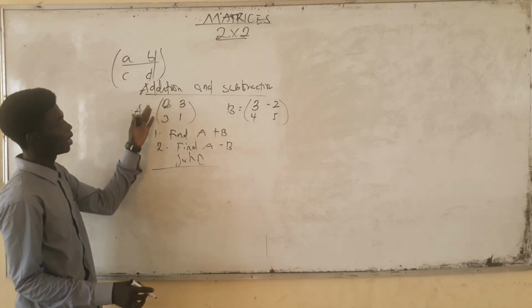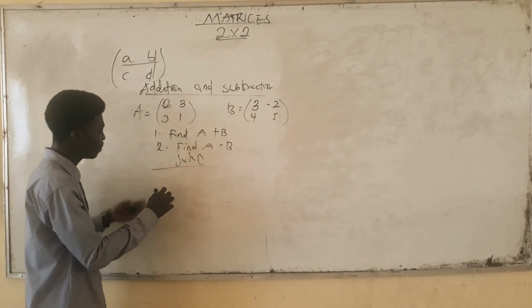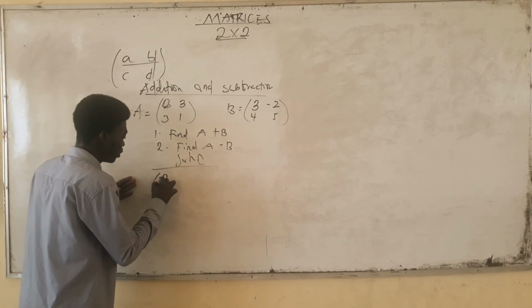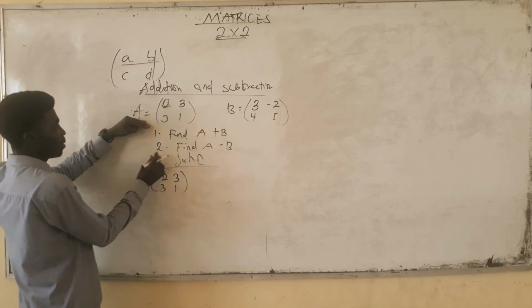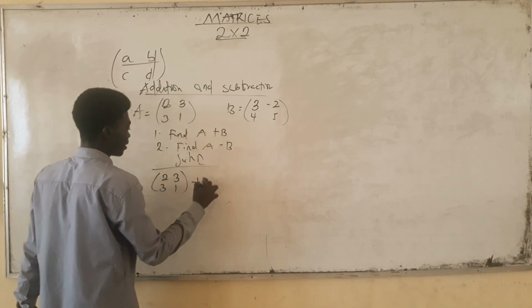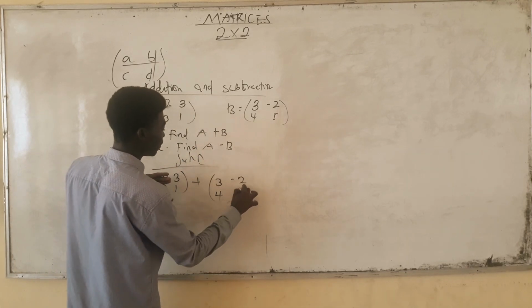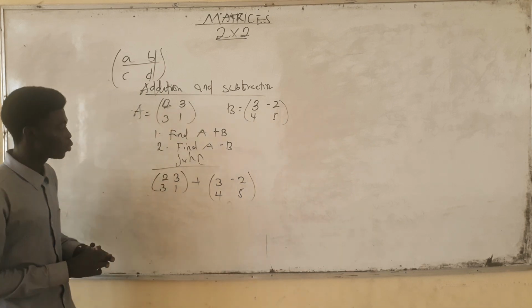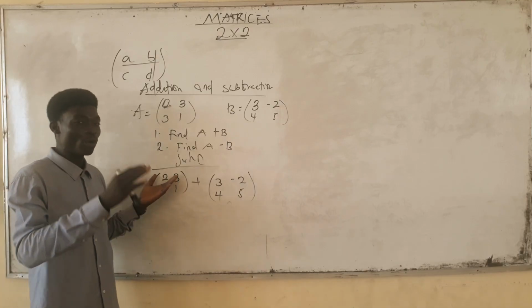So these are our matrices. To find A plus B, it is going to be 2, 3, 3, 1, that is the A, plus your B, which is 3, -2, 4, and 5. If you want to add these matrices, add them according to positions.